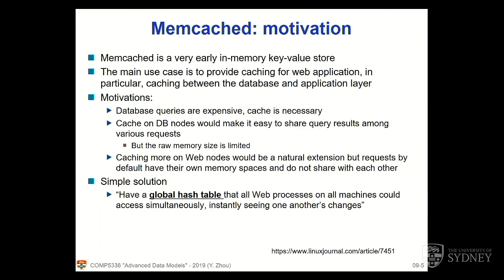The simple solution is to have a global hash table that all web processes on all machines could access simultaneously and instantly see one another's changes. So we can cache the session data, and other data we retrieved recently from the database that might be needed in a follow-up request.